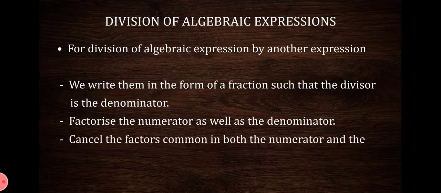After that, cancel the factors common in both the numerator and the denominator. After factorizing, whatever is common in the numerator and the denominator, we will cancel, and the remaining is our answer. So, let's apply this division of algebraic expressions in exercise 14.3.